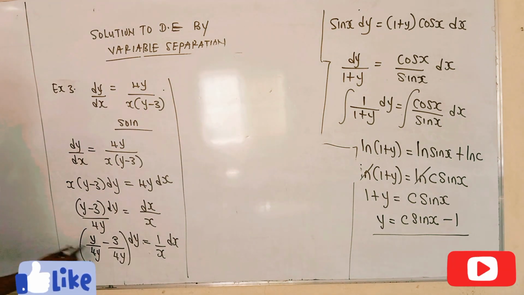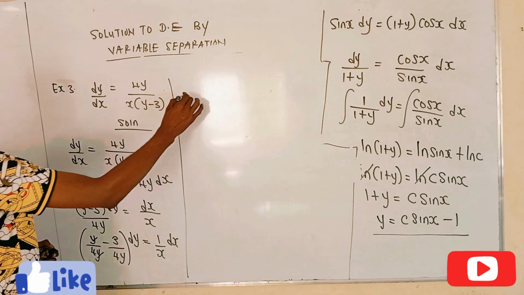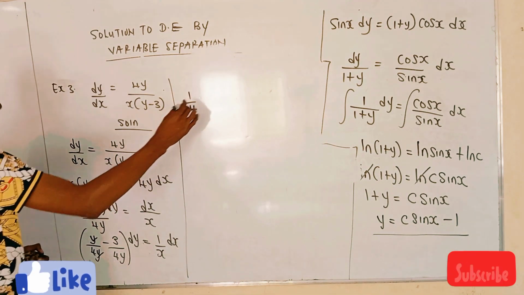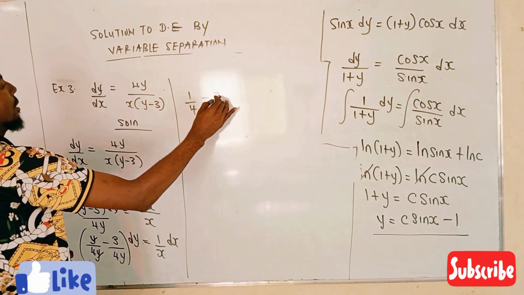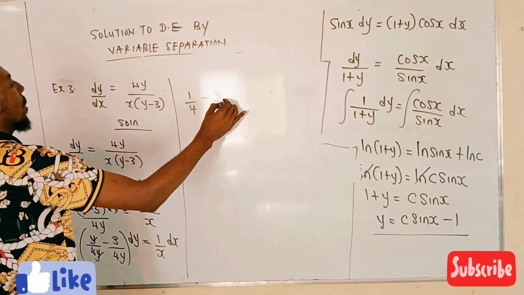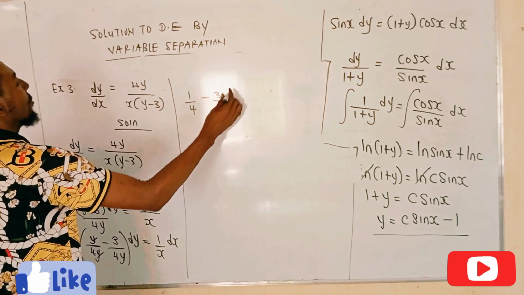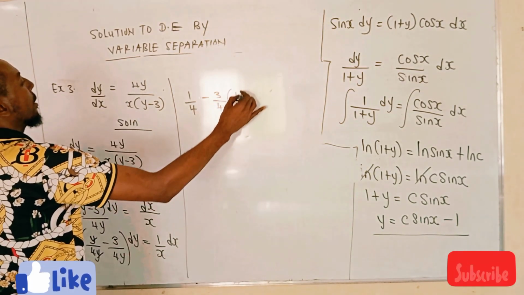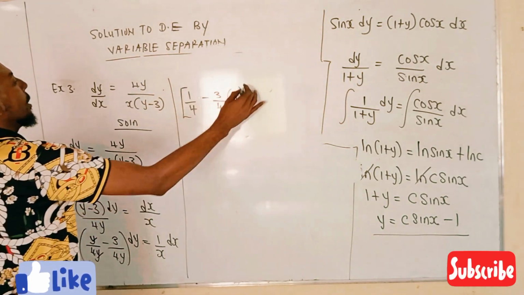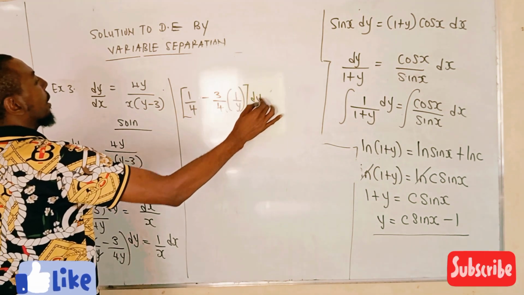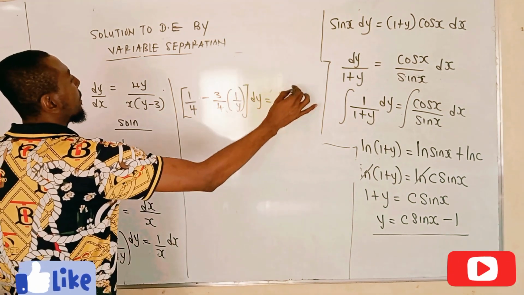So y over 4y gives 1 over 4, minus 3 over 4y. I can say 3 over 4 times 1 over y. So, 1 over 4 minus 3 over 4 times 1 over y, dy, is equal to 1 over x dx.